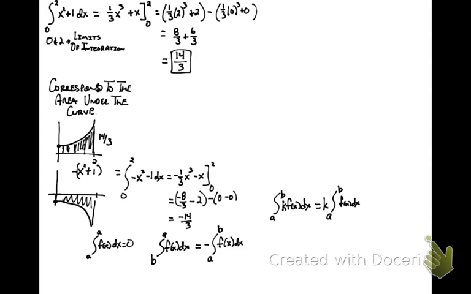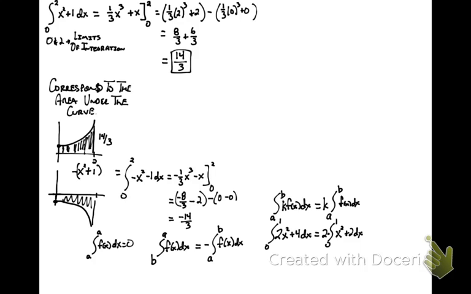Or to relate it to something, if you saw, I don't know, 2x squared plus 4, and you were integrating that from, I don't know, 0 to 1, you could factor the 2 out and just integrate x squared plus 2, and then multiply that area by 2, or that value by 2, and you'll get the same thing.